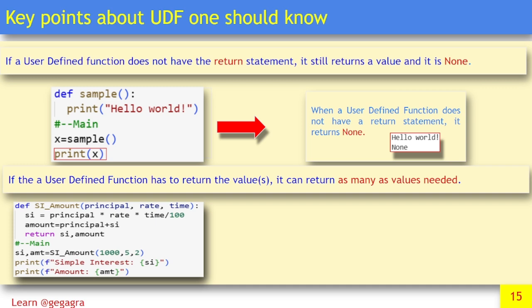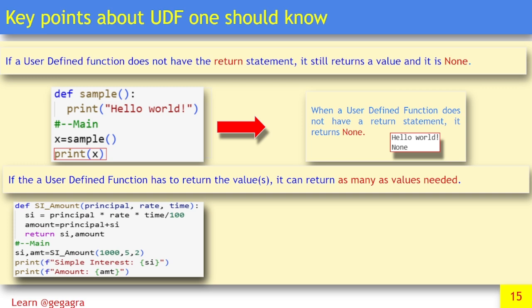From this user defined function, I want to return multiple values: SI, the simple interest, is equal to principal into rate into time upon 100, and amount is equal to principal plus simple interest.